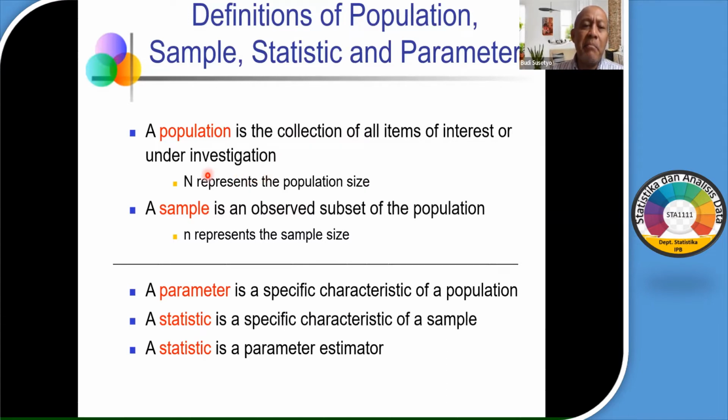then sample is an observed subset of the population. That means some of the population that we take randomly. If the population is 10,000, for example, the number of the sample could be 2,000. 20% of that, for example.